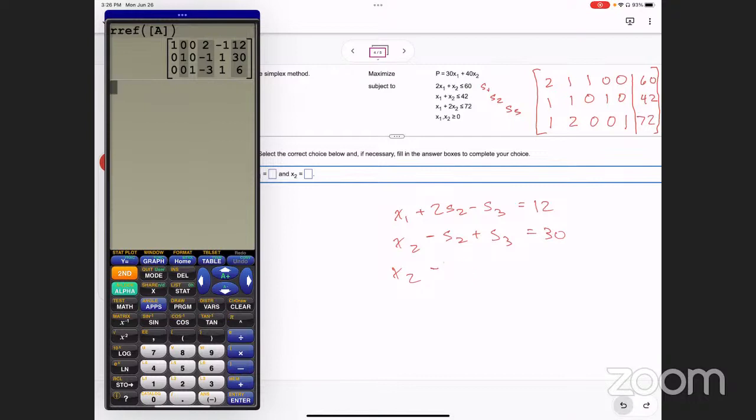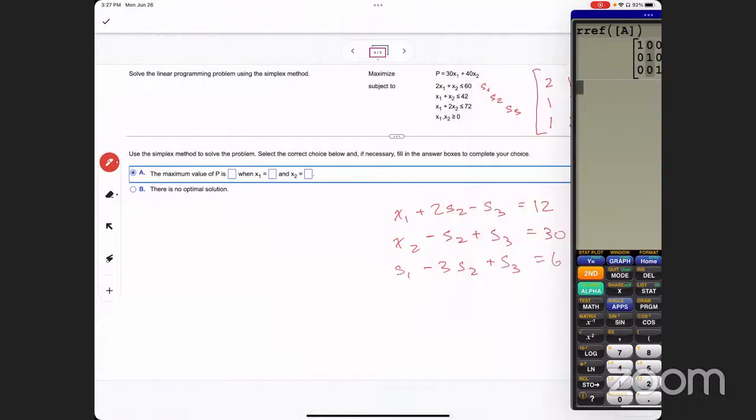No, sorry. Oh no, there is no x. Hold on a second. No, I'm confused. No, that's x1, x2. So this is s1. s1 minus 3s2 plus s3 equals 6. I believe those are 3 equations.